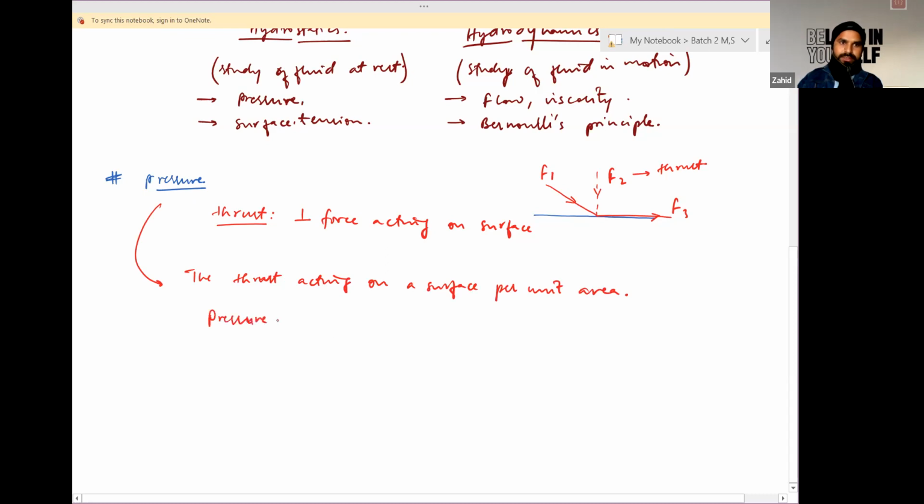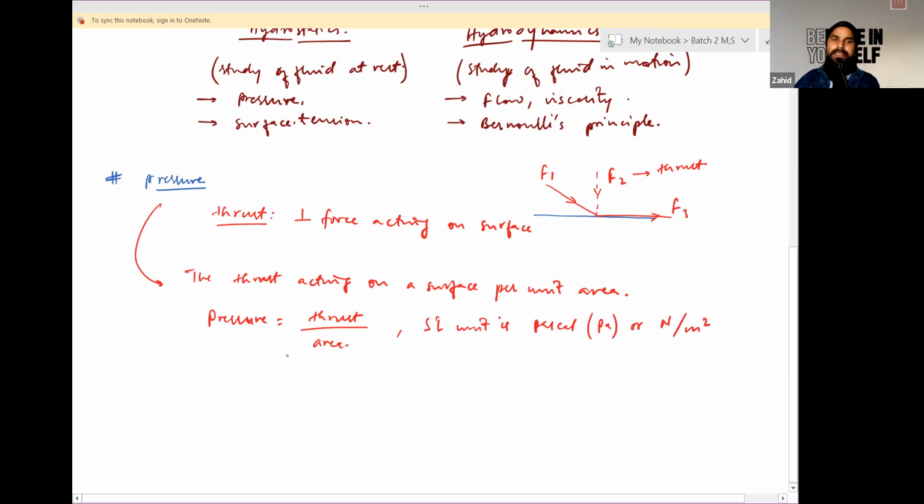So pressure equals thrust divided by area of cross section. Thrust is a force having unit Newton, area meter square. So the SI unit is Pascal or Newton per meter square.